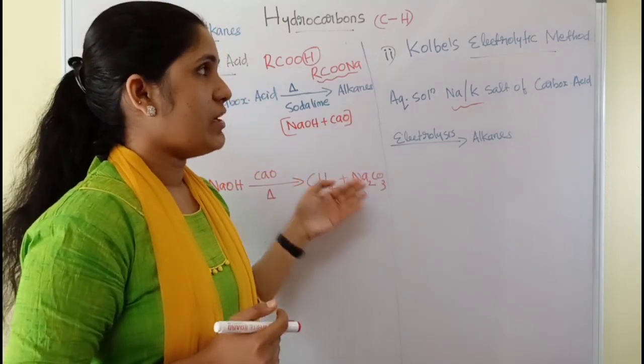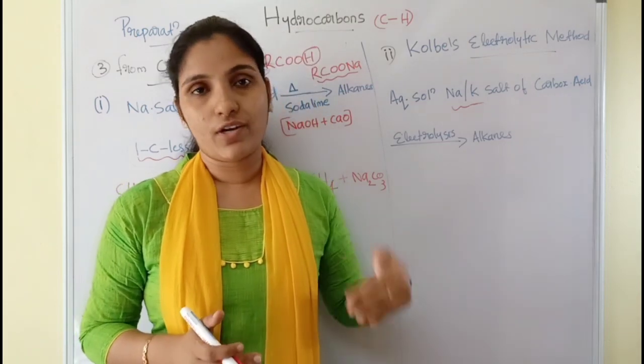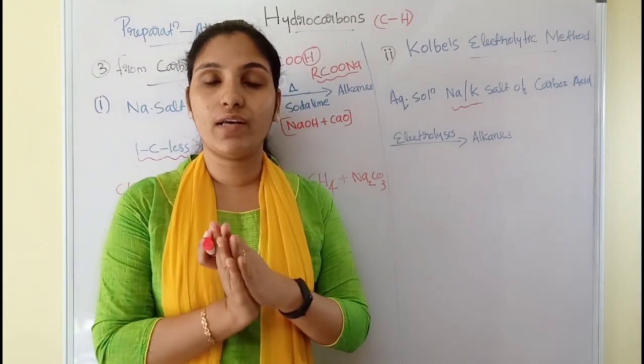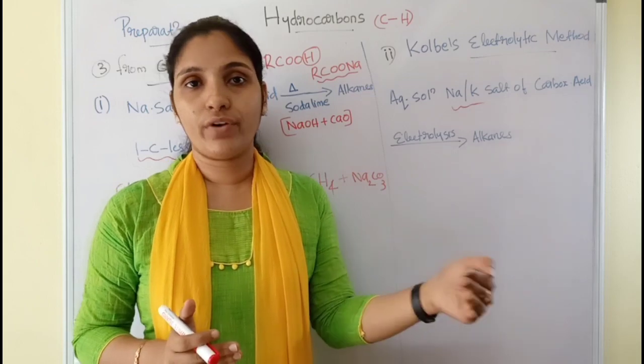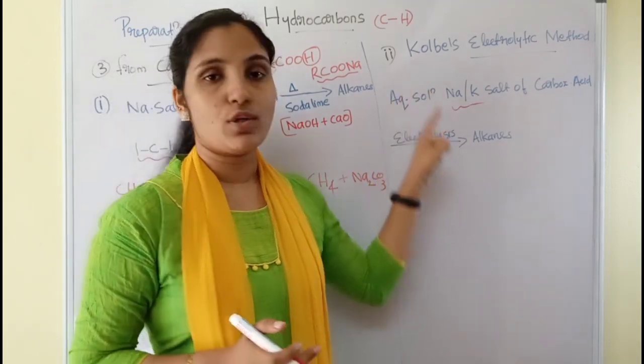And here the speciality, using this Kolbe's electrolytic method, like Wurtz reaction, is that only alkanes which contain an even number of carbons can be prepared. That is the drawback of this Kolbe's method.